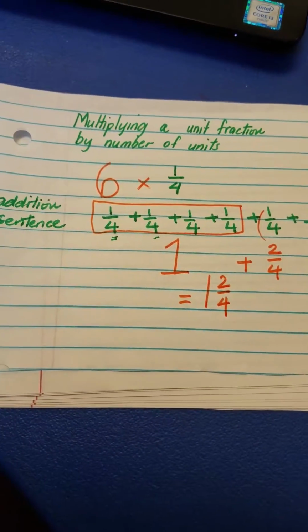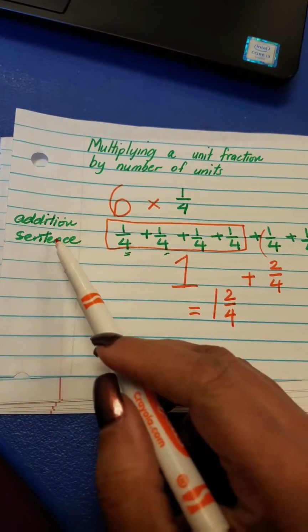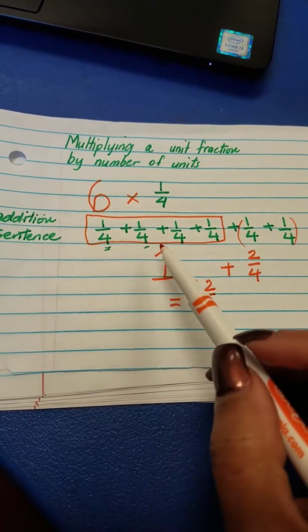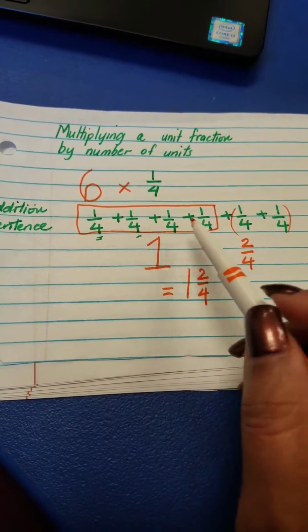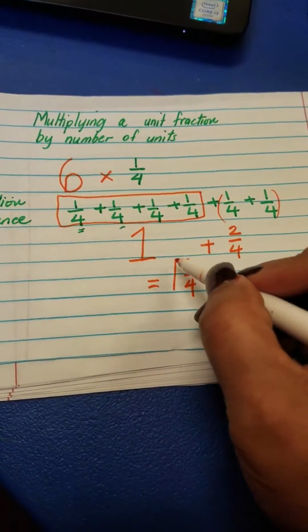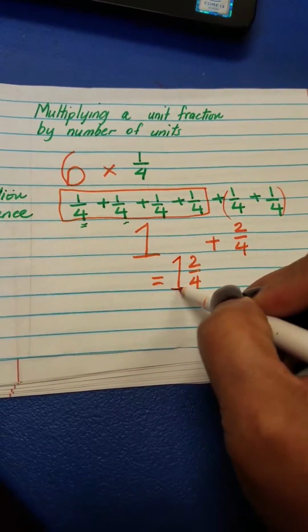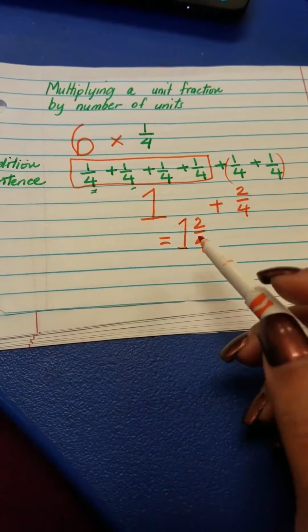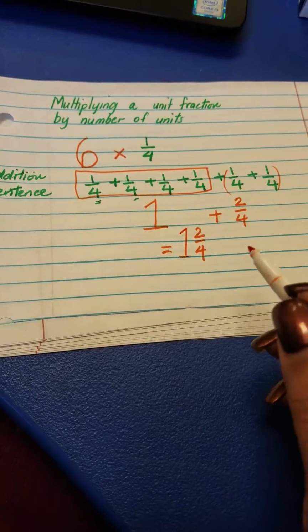So again, I wrote my addition sentence. I was able to group the number of wholes I can get from this fraction, and then I was able to add my fraction with my whole number to get a grand total of 1 2/4.